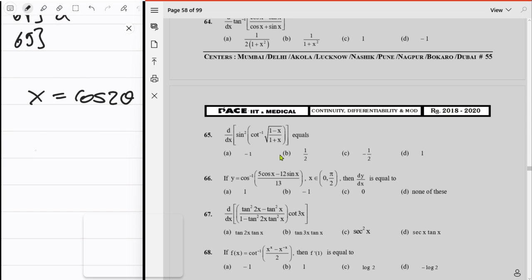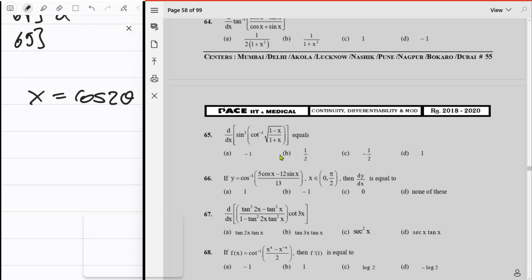Then this just becomes the square root of stuff, square root of 1 minus cosine of 2 theta upon 1 plus cosine of 2 theta, which is 2 sine square of theta upon 2 cosine square theta. Square root of that is just tan theta. So cot inverse of that is pi upon 2 minus theta. So sine square of that guy, sine square of pi upon 2 minus theta, that's like cosine square theta, sure.